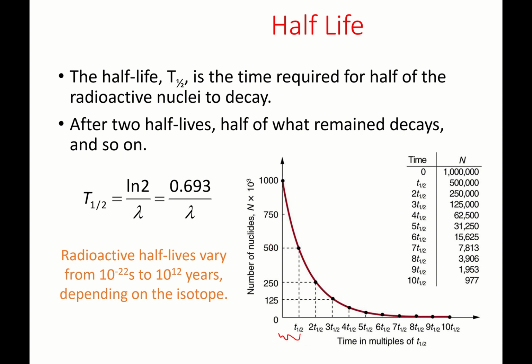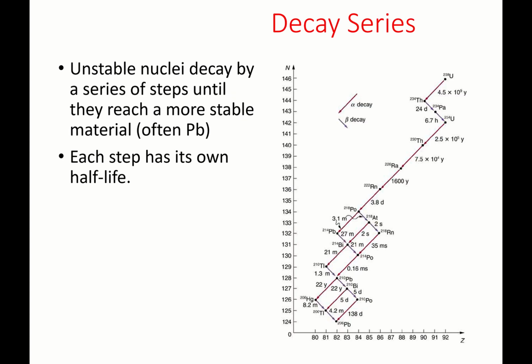The half-life can be found from the decay constant. It's just the natural log of 2 divided by lambda. Natural log of 2 is approximately 0.693. And radioactive half-lives again depend on the isotope. It can be as small as 10 to the minus 22 seconds to as big as 10 to the 12 years.